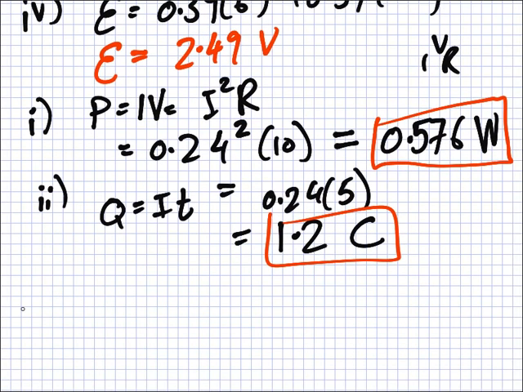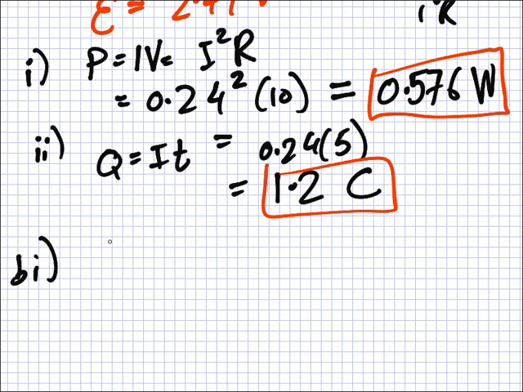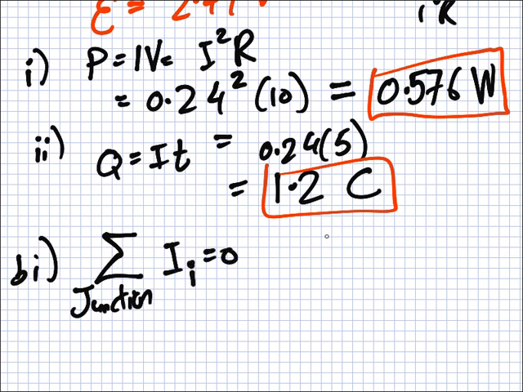Okay, B part 1. State Kirchhoff's first law. This is the loop law, isn't it? Or no, it's the junction. So Kirchhoff said that if you sum all the currents at a junction, you'll get 0. Please note, I positive means it's going into the junction, and I negative means it's going out of the junction.